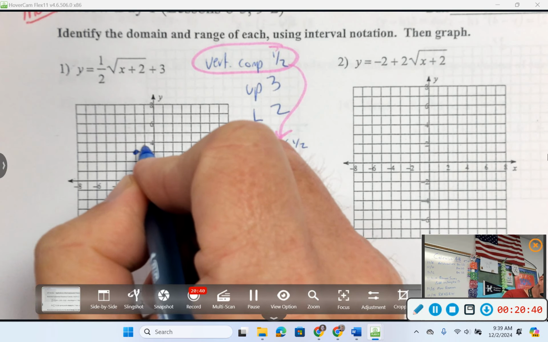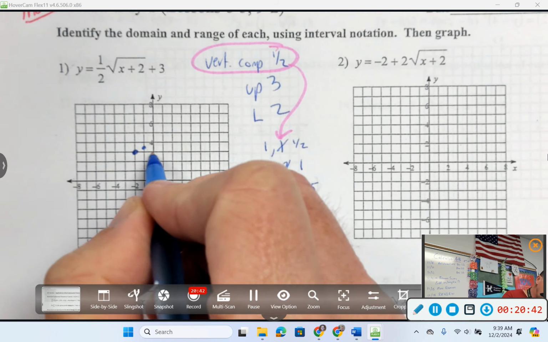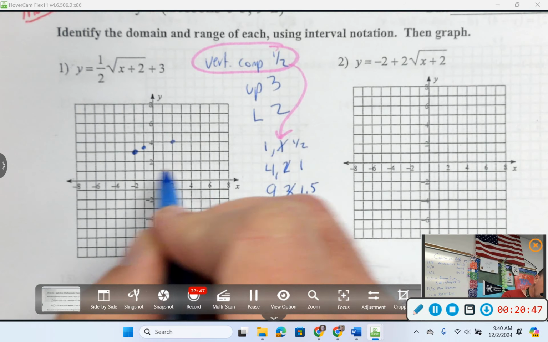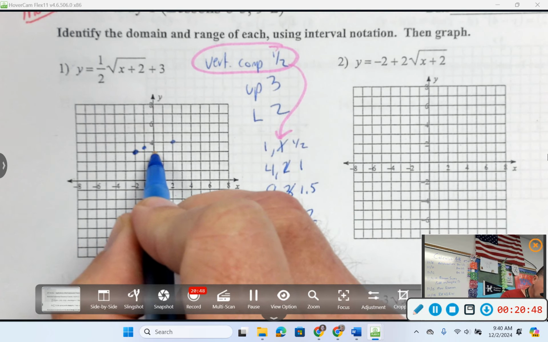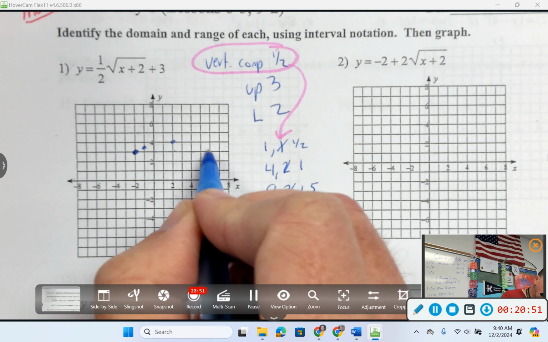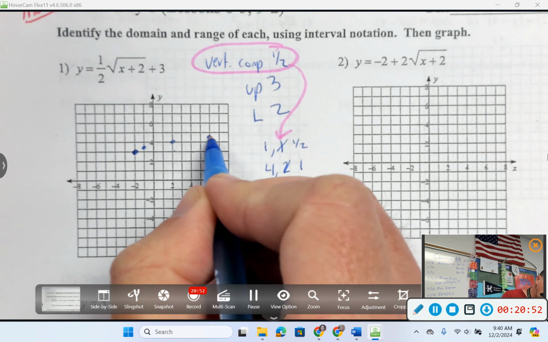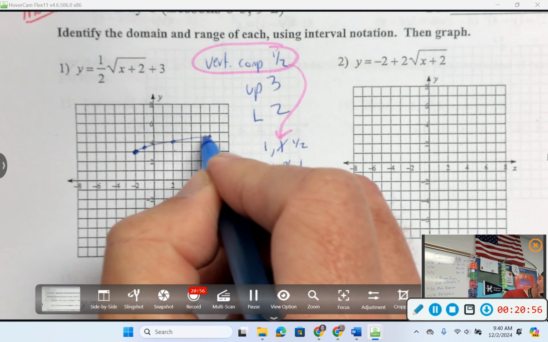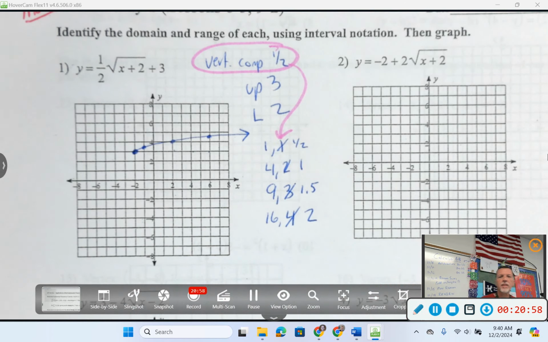So over 1 up a half, over 4 up 1, over 9 up 1.5. So a very squished square root graph. All right, so that's a pretty good review of a lot of stuff.